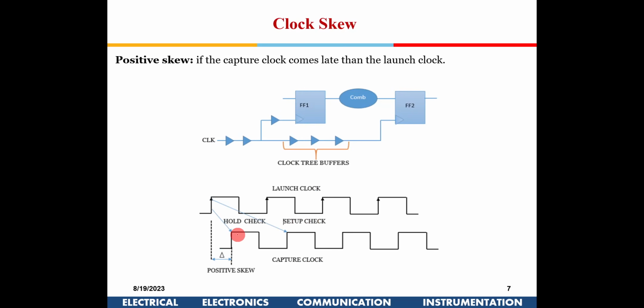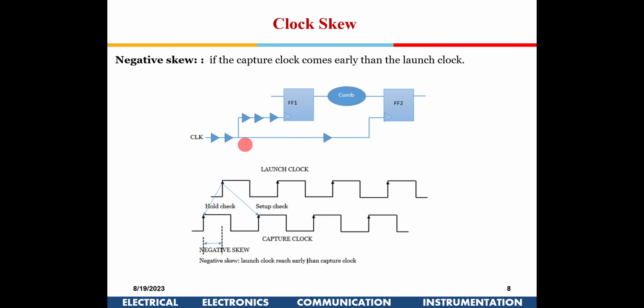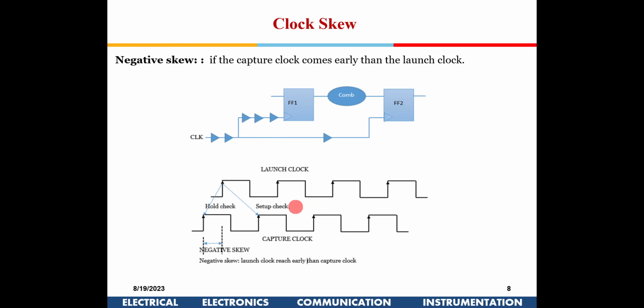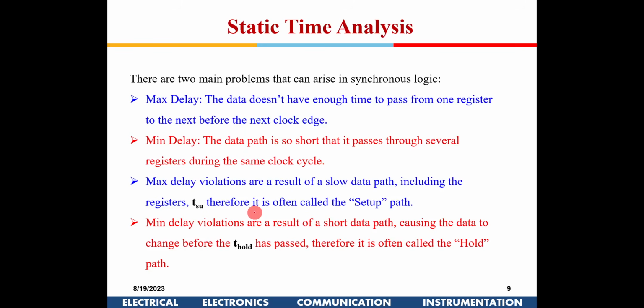The last two slides we saw were with respect to the clock. So finally, for an STA analysis, we need to take into consideration both the clock path and the data path, and then analyze whether there are any setup violations or hold violations.